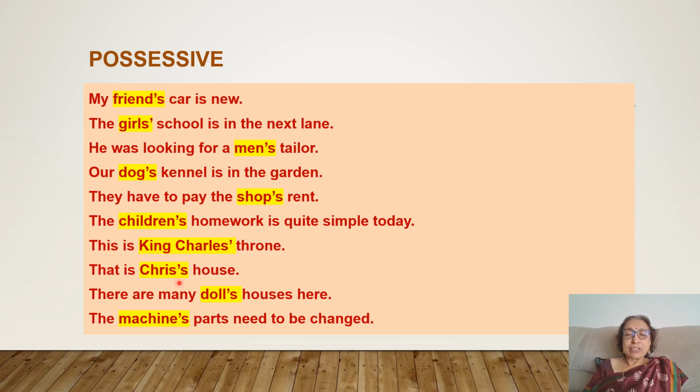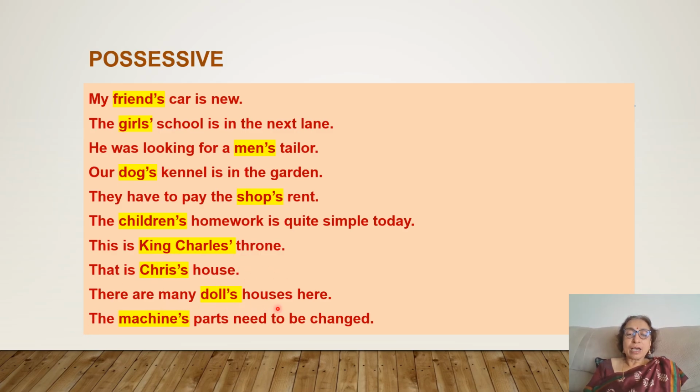A name ending in S, like Chris, is a single syllable. So we say this is Chris's house. Chris's house becomes two syllables. Charles's becomes three syllables, which we avoid because the more syllables, the more difficult the pronunciation becomes. So we say this is King Charles' throne, this is Chris's house.